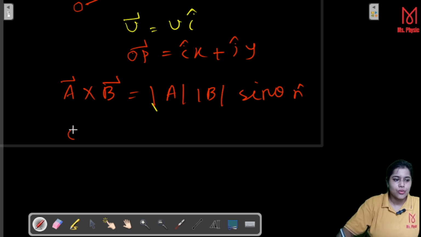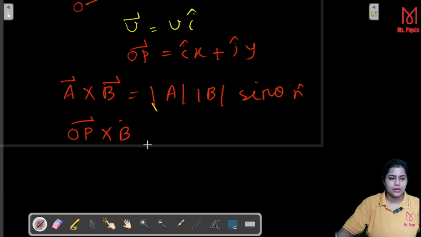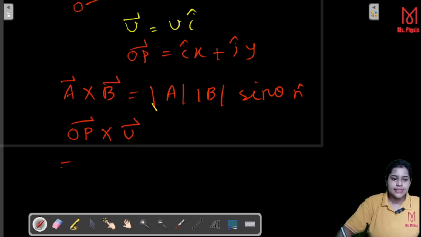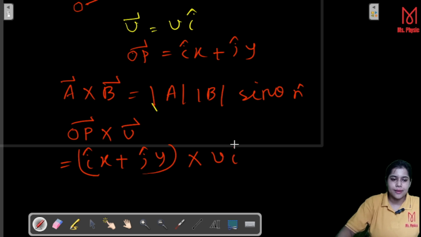That is, OP cross V. OP cross V is equal to, you see, OP is equal to i cap x plus j cap y. Cross V means here V i cap.